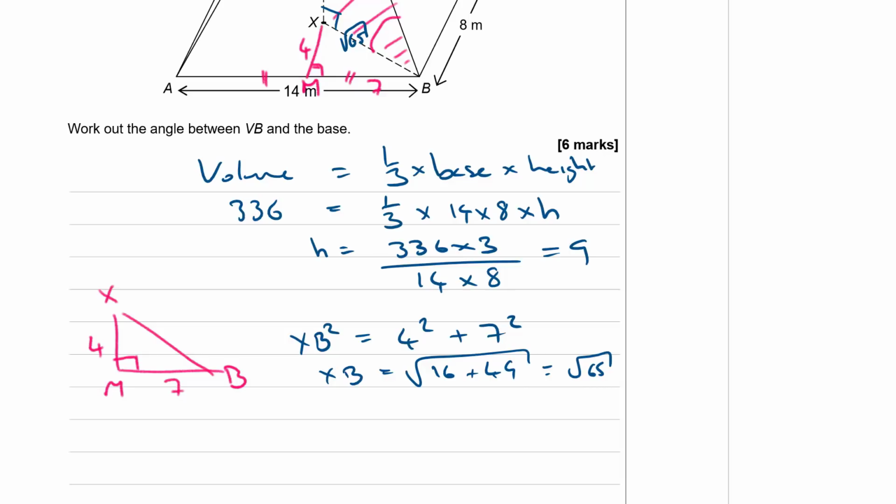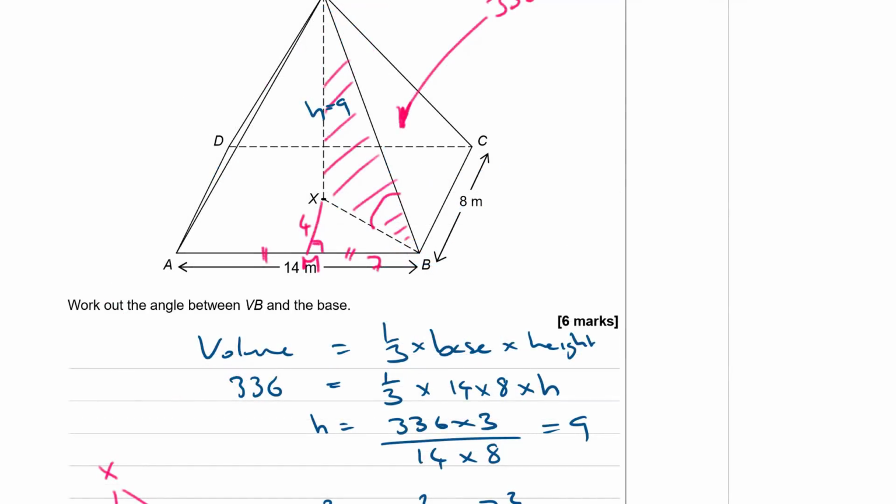Using Pythagoras theorem, XB squared equals 4 squared plus 7 squared, making XB the square root of 16 plus 49, which is root 65. Now that doesn't square root nicely, I'm just going to leave it like that for now.